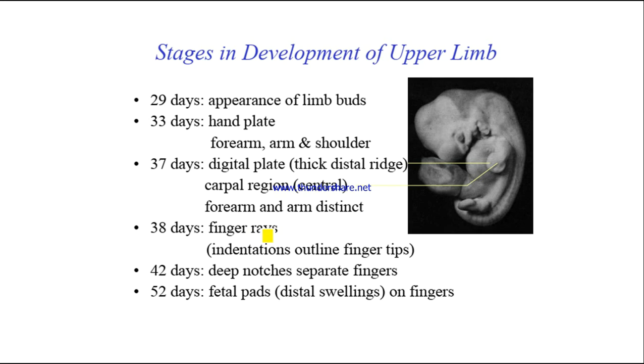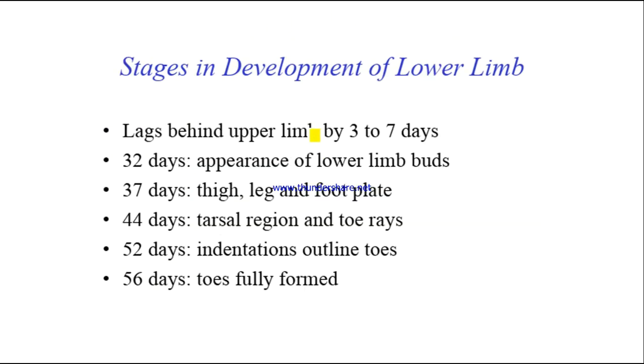Then at 42 days, we get the deep notches separating the fingers, and at 52 days we get the fetal pads with the distal swellings of the fingers. These dates are very important to remember in relation to limb bud development, because these days are used to assess for normal limb development.